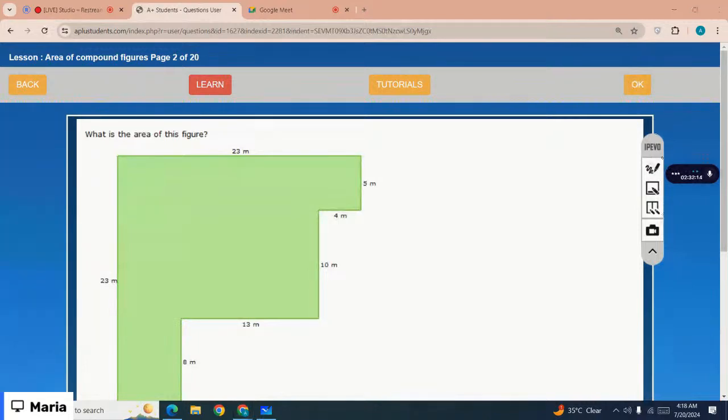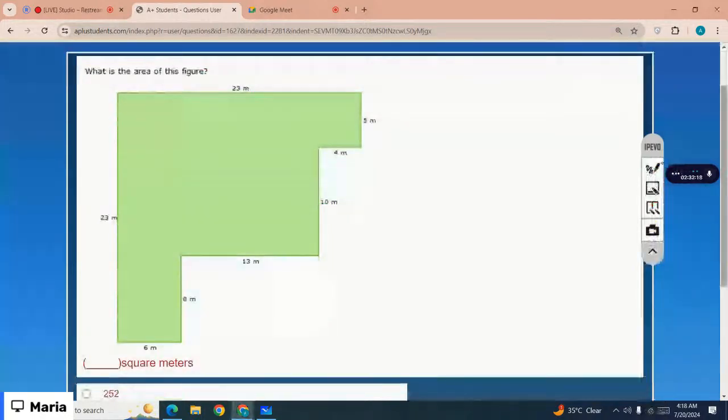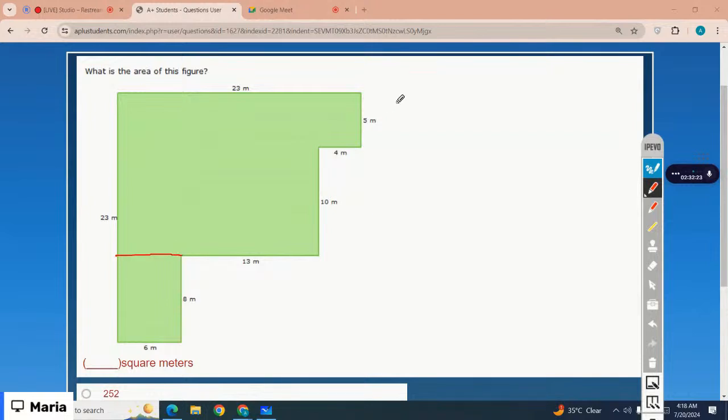Okay, what is the area of the figure? So just divide the figure into smaller figures and calculate their areas, right? This is 1, this is 2 and 3. This is A, this is B, this is C. This is 6, 8, 6.